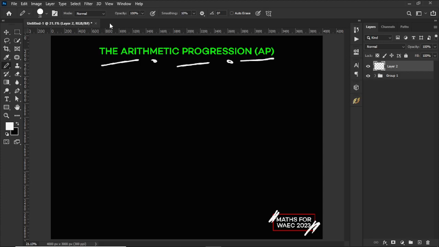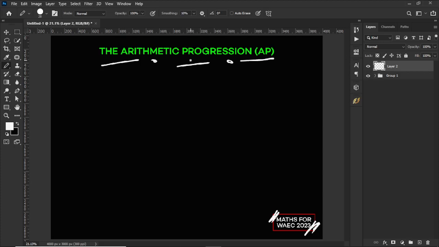Now, when you talk about AP, it is referred to as arithmetic progression. It's not only called arithmetic progression, you can as well call it arithmetic sequence. We have arithmetic sequence or arithmetic progression because there are other types of sequence also.